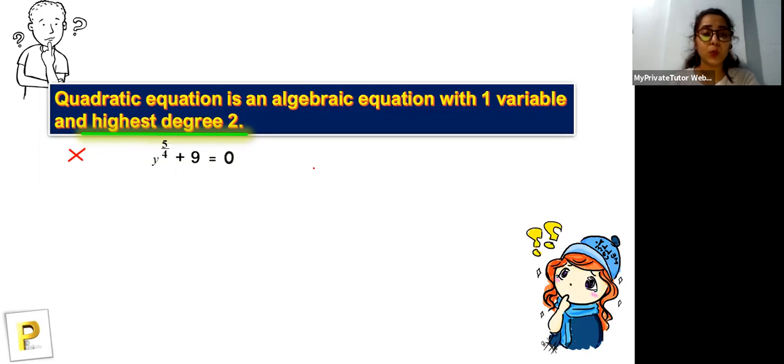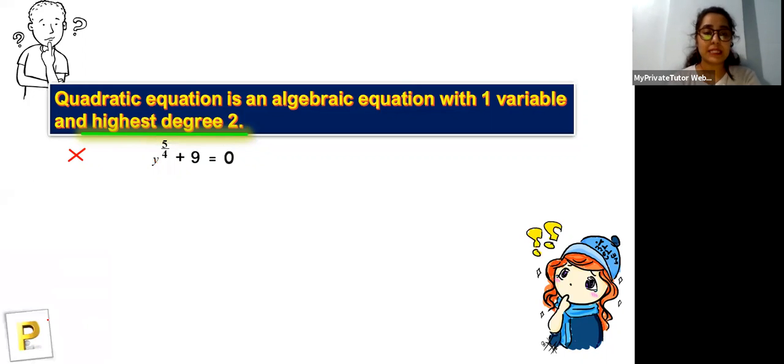Yes, throughout this equation only one variable is present. And the third condition, highest degree is 2. We cannot see any variable with degree 2. So this condition is not fulfilled, and this is not a quadratic equation.